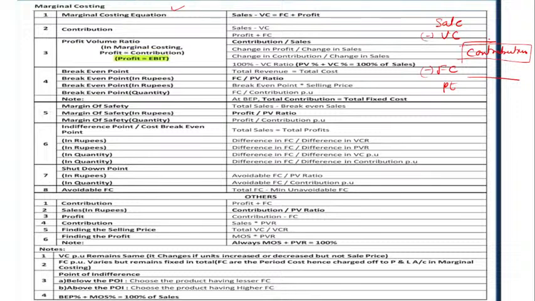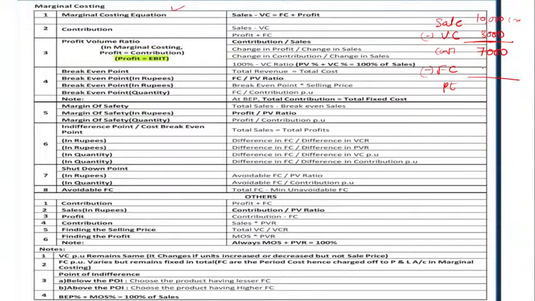Why is it so? Because suppose I give you an example. This is the contribution, okay. Suppose sales is 10,000, I am taking 10,000 crores. The variable cost is how much? Suppose variable cost is 3,000. So how much is the contribution? 7,000.